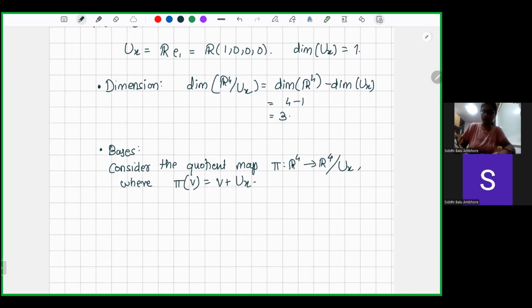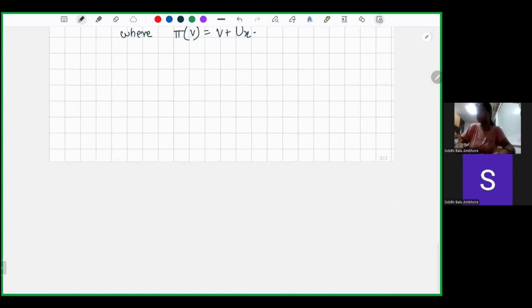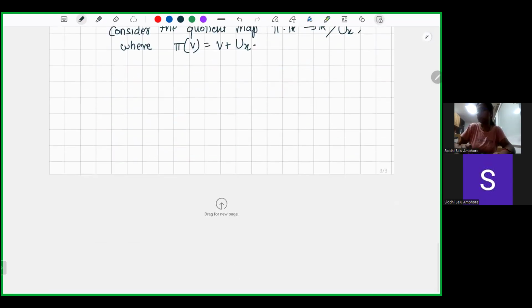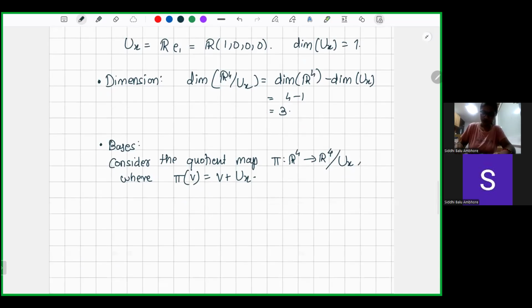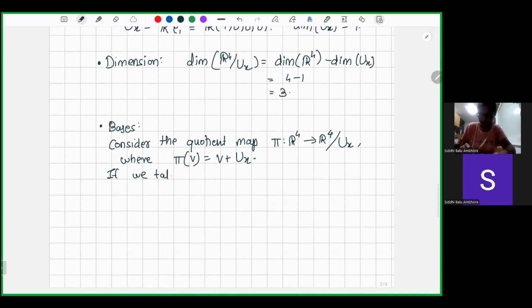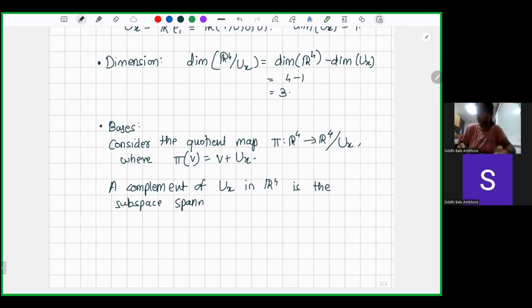And so if we take a complement of Ux in R4, it is the subspace spanned by e2, e3, e4.